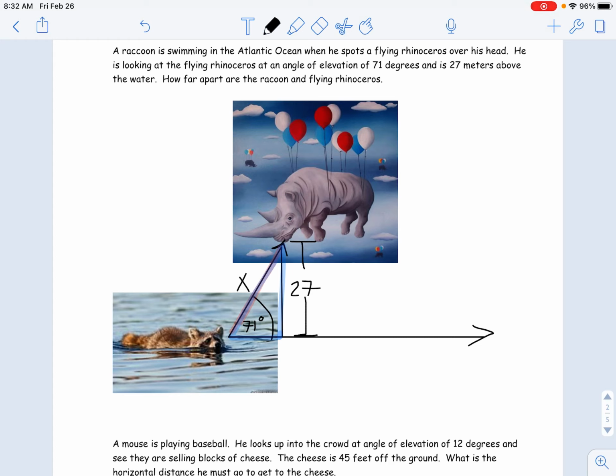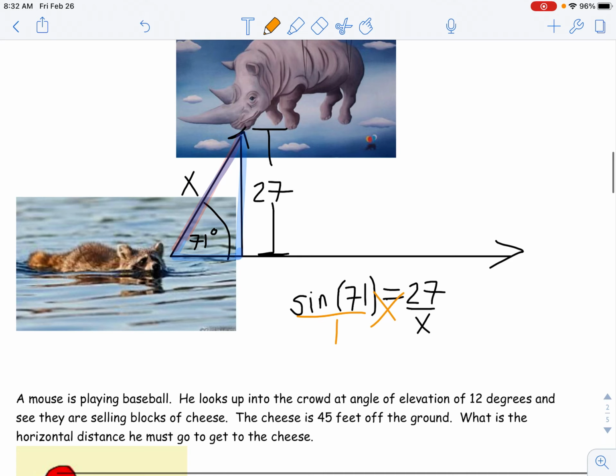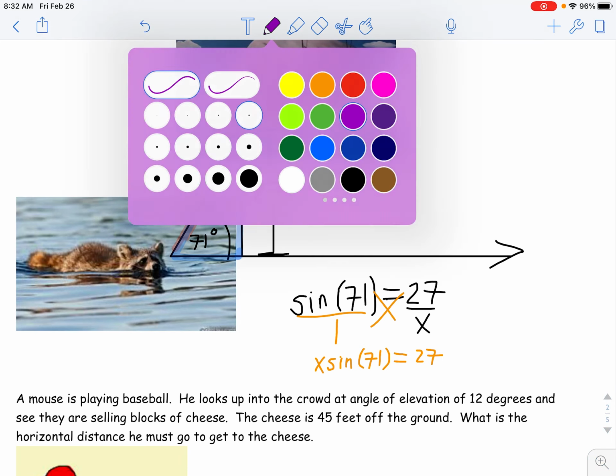So again, this one turns out to be another sine problem. We're going to have sine of 71, opposite 27, hypotenuse x. So very similar to the last one, but that's okay. Cross multiply, you're going to get x sine 71 equals 27.